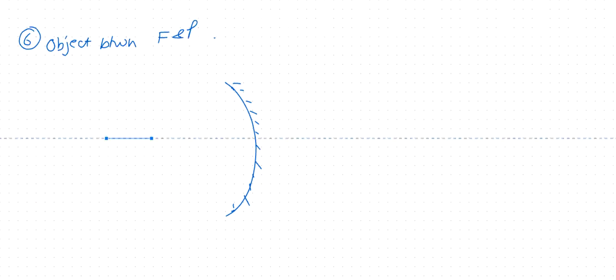Remember in this case, the case is object between focus and pole. Okay. This is our last case, case number 6. So now let me make a principal axis. And in this case, we'll extend the principal axis on both the sides.